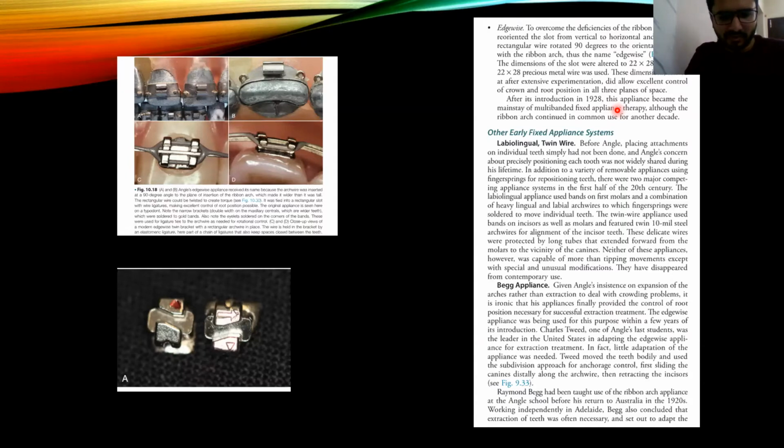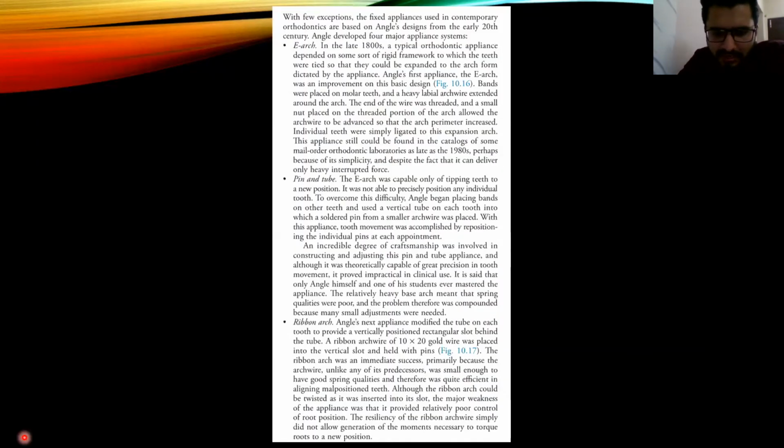This also can be used, or 18-22 slot also. Or it can be written like this also: 022, 028 slot. In ribbon arch they used to use gold wire, it seems.